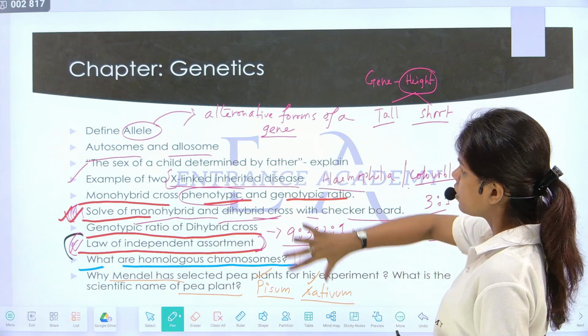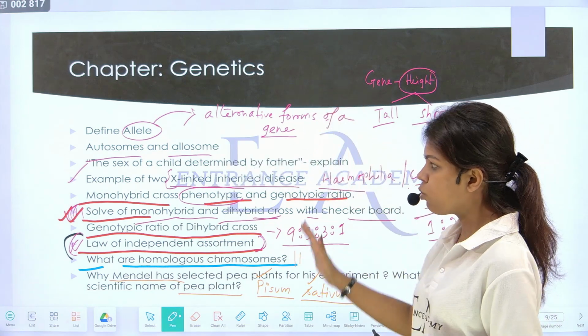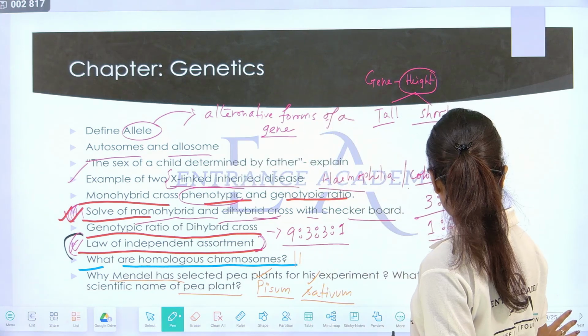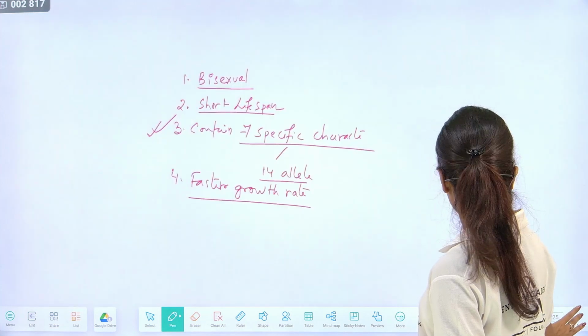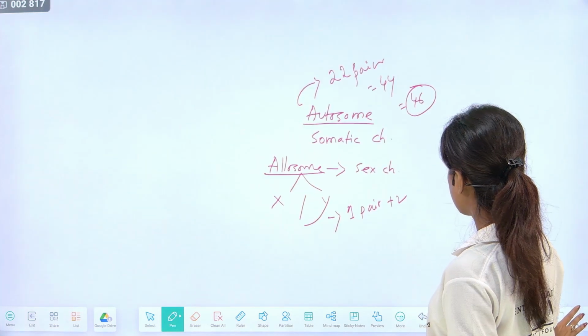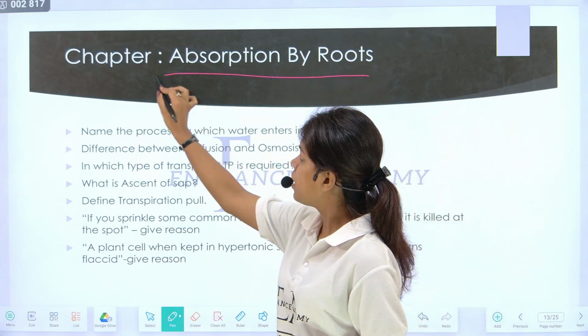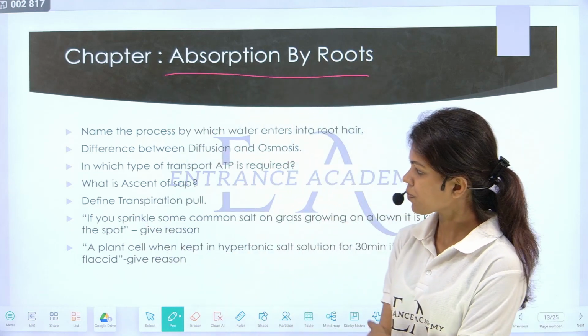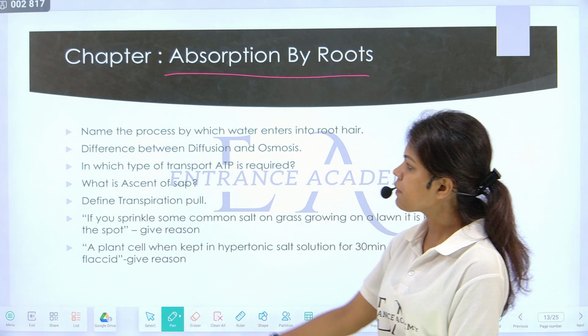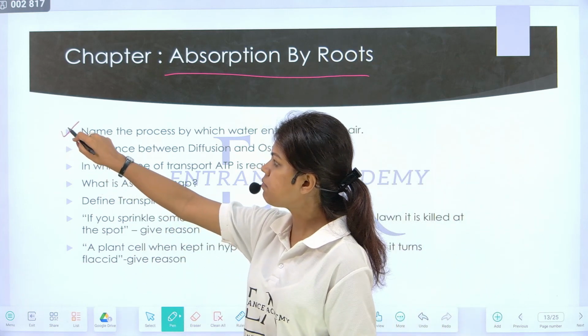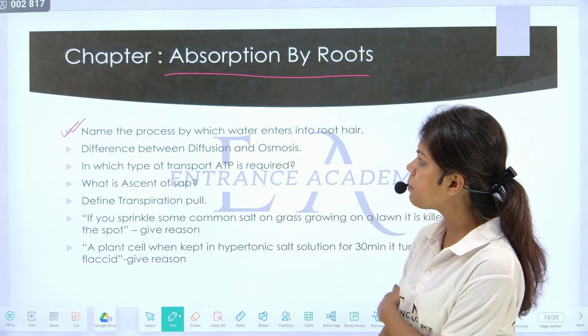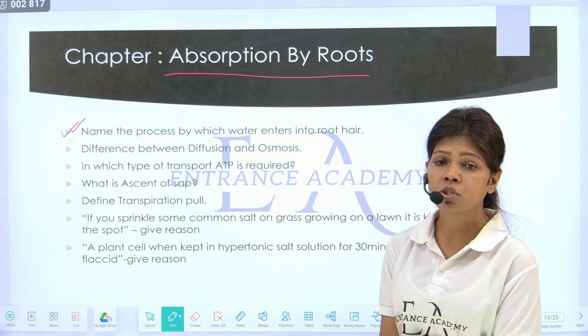So, the second chapter, genetics, is over. Now, chapter number 3, absorption by root. The first question, which is very common from this chapter, is: name the process by which water enters into the root hair.